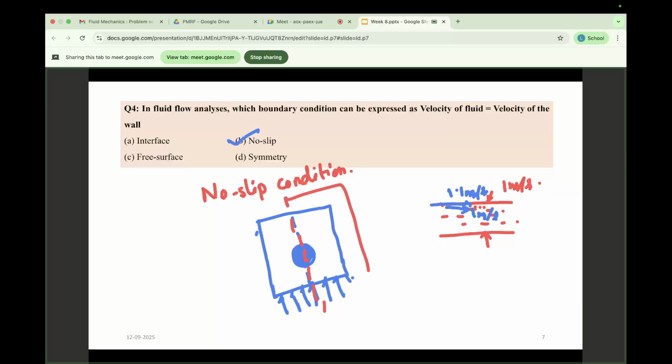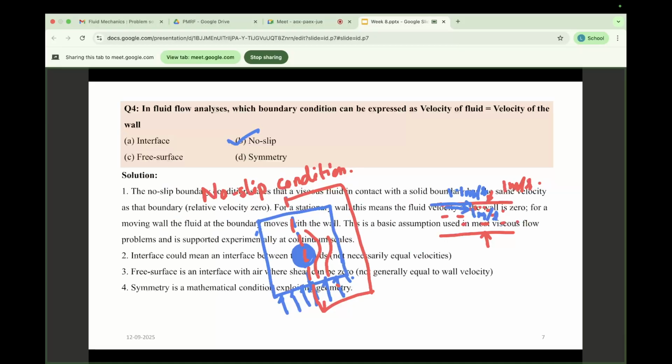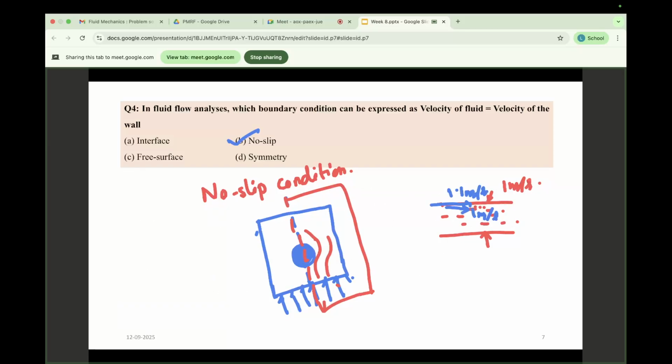Whatever the fluid is doing, flowing like that over here, similarly the same phenomena will be reflected here. So that is a symmetry boundary condition.